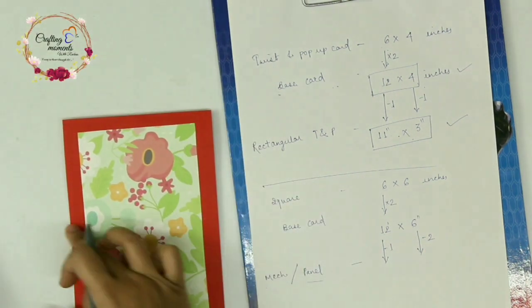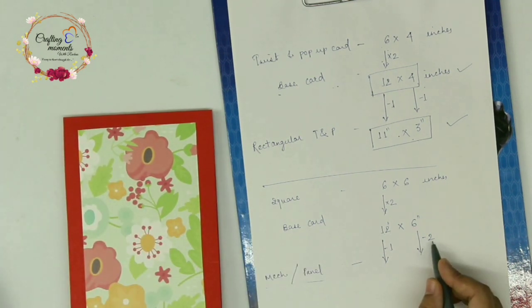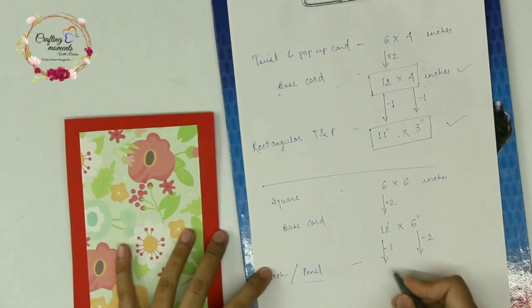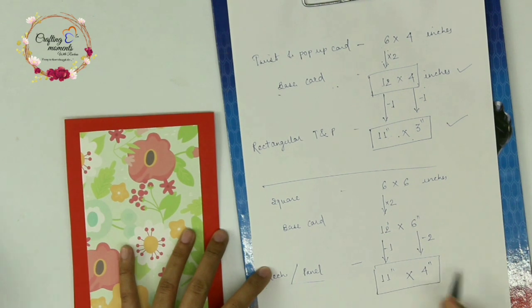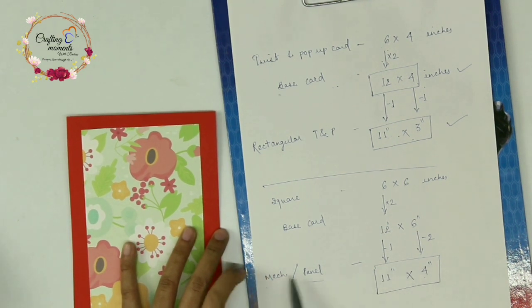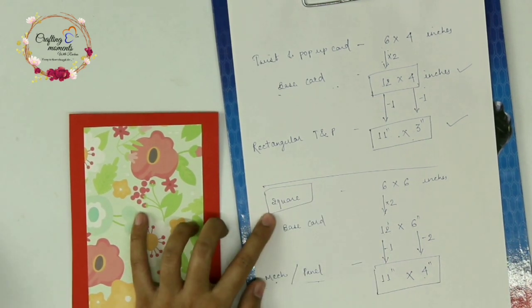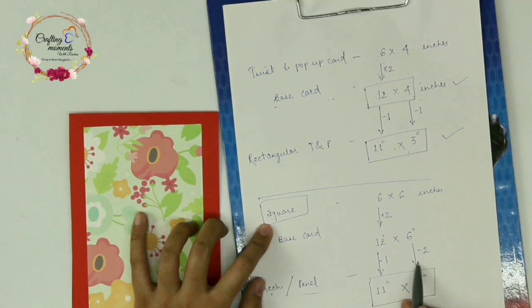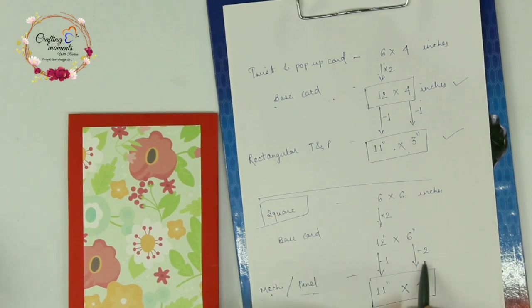This is length and this is width, so just to maintain this ratio we need to subtract 2 from here. So it will give us 12 minus 1 means 11 inches, and here 6 minus 2 will give us 4 inches. So in this way we will get the size of cardstock for the mechanism part and panel part in case of a square twist and pop-up card. The only difference was in the width, means here you subtract 1 and here you have subtracted 2, that's it.